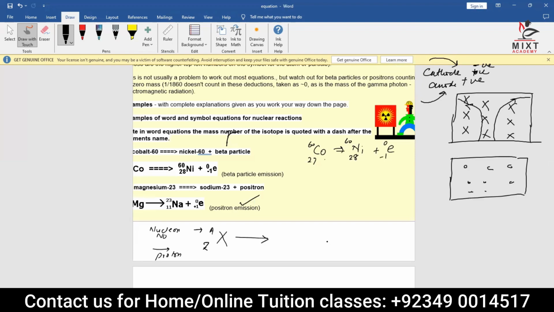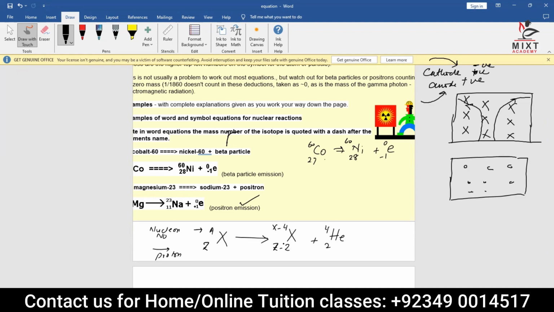When there is an alpha decay, helium 2,4 is coming out. Your nucleon number will be reduced by 4, so nucleon number minus 4 will be left behind, and your proton number will be reduced by 2.